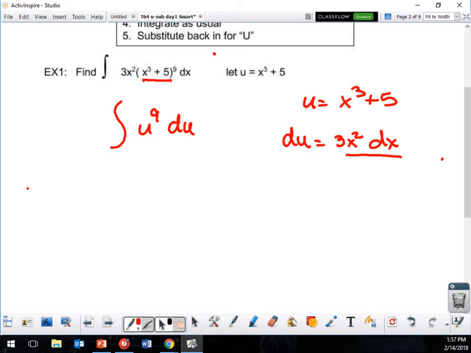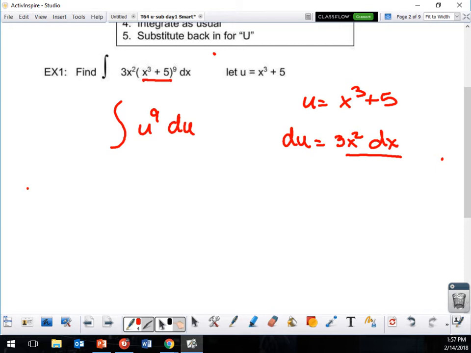I replaced these because I need to be integrating in terms of u. It's no longer in terms of x. So I'm replacing 3x squared and my dx with just du. Pretty much the whole thing is just turning x to u, and then I'm going to have to put it back when I'm done.